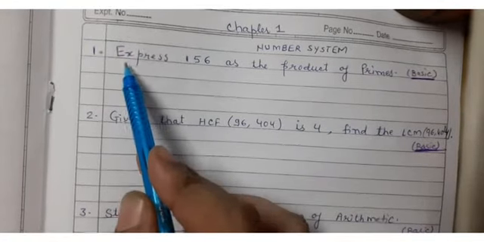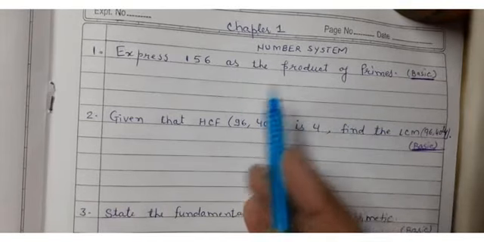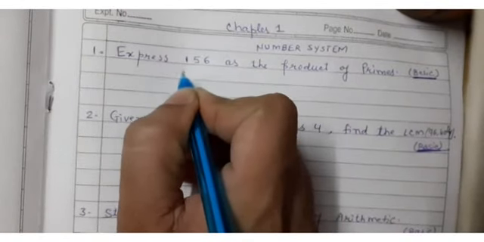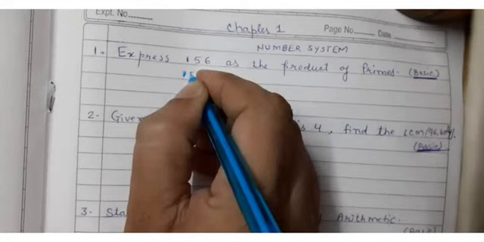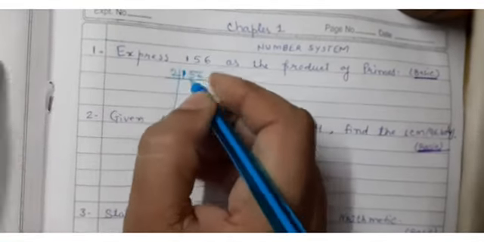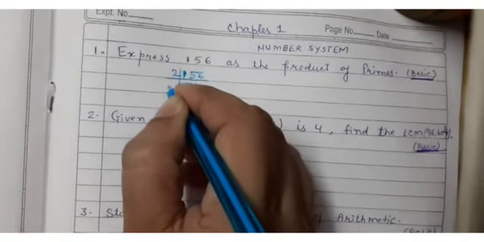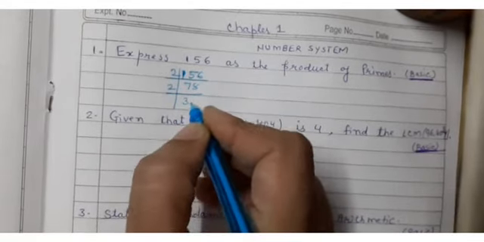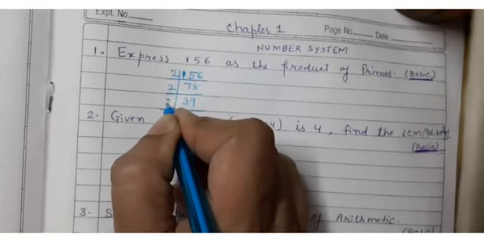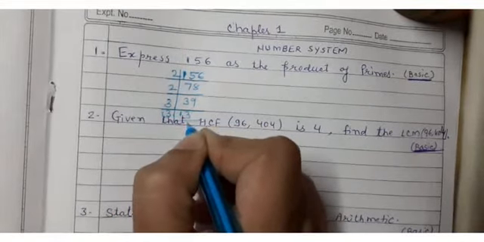What is the first question? Express 156 as the product of primes. It means you have to do prime factorization of 156. So 156 is here. 2 7s are 14, 2 8s are 16, 2 3s are 6, then 2 9s are 18, then 3 13s are 39, then 13 will become 1.